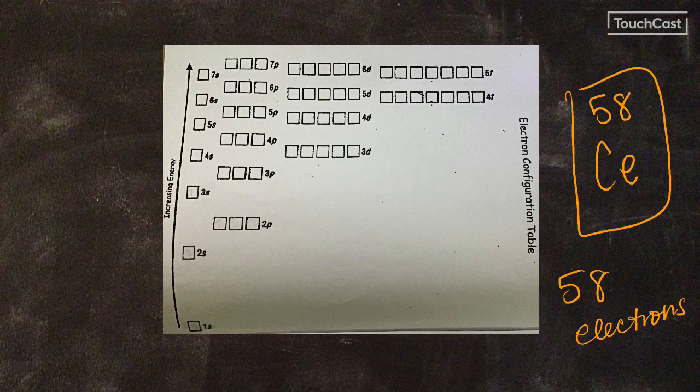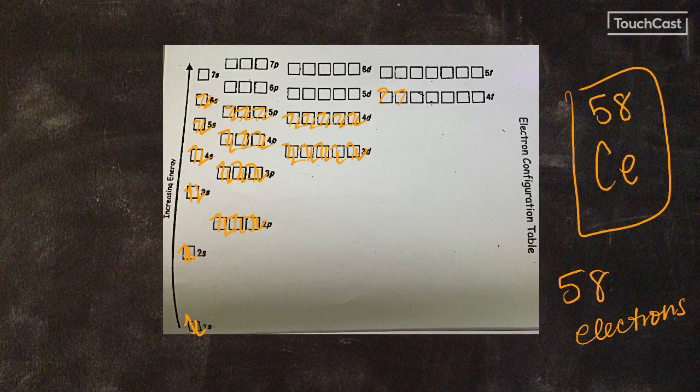Start at the bottom, work your way up, and we count 58. 1, 2, 3, 4, 5, 6, 7, 8, 9, 10, up through 58.